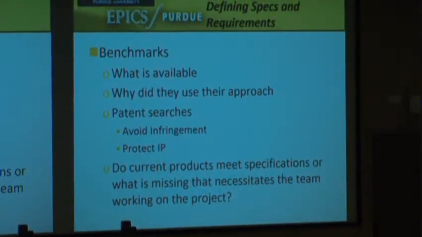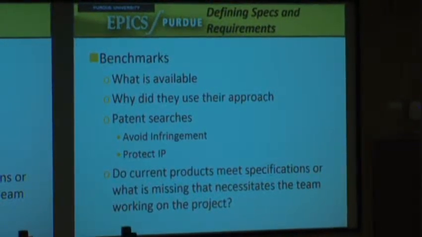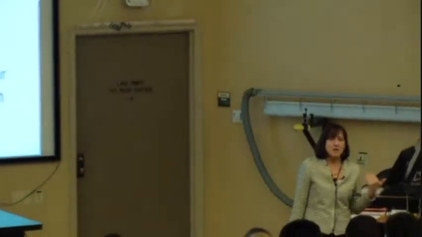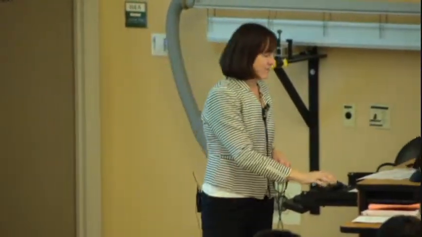The other thing is, we don't want to infringe on anybody else's IP or patents. And it may actually identify intellectual property opportunities for you as well. So really this can help understand that gap: what do current products offer, and what is the space that we can fill with this?